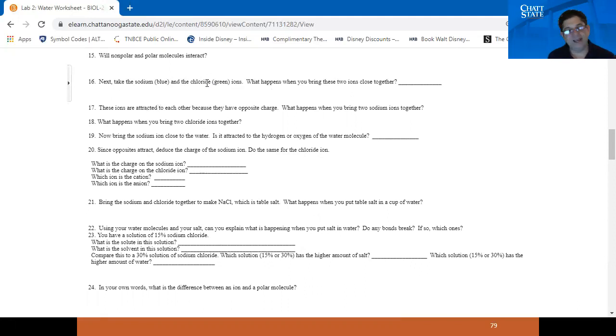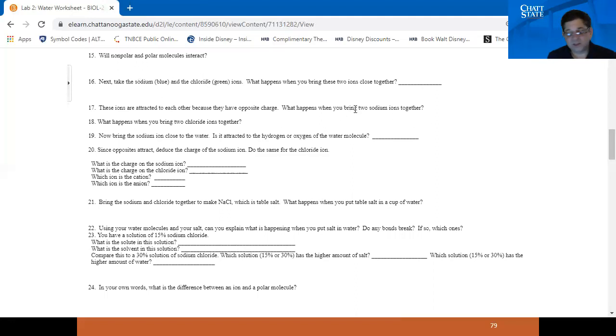Chloride is always the anion, negative. So if something is labeled, and hopefully it'll label it as a chloride ion, they're going to want you to know how they interact together. So what happens when you bring these two ions together? They mix. Yeah, they attract each other. They sure do. They're attracted to one another because one's positive, one's negative.